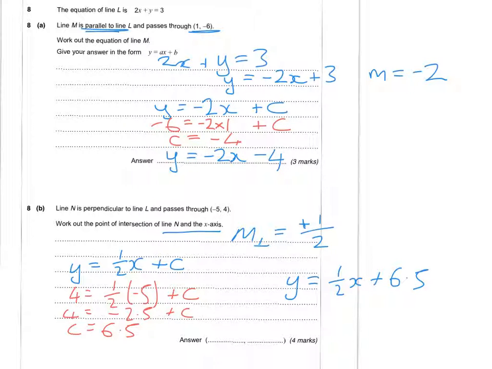Between the line N and the x-axis, y equals 0, so 0 equals a half x plus 6.5. So it looks like negative 13 is x. So x is negative 13, y is 0.